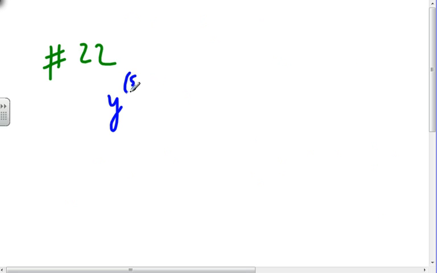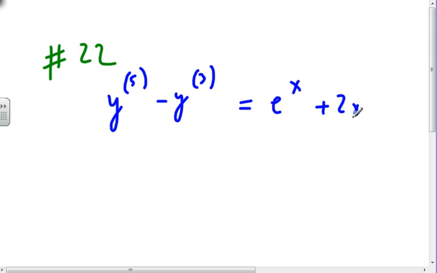y to the fifth derivative minus y third derivative equals e to the x plus 2x squared minus 5. Okay, so my characteristic equation: r to the fifth minus r cubed is 0.